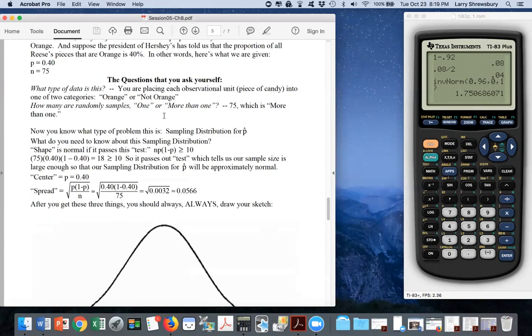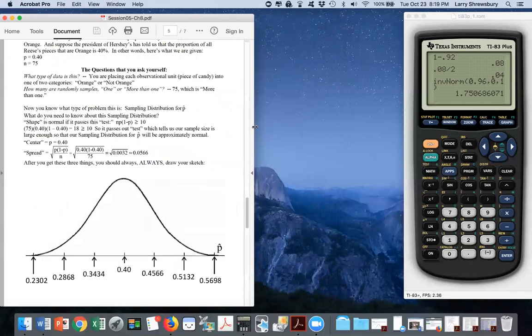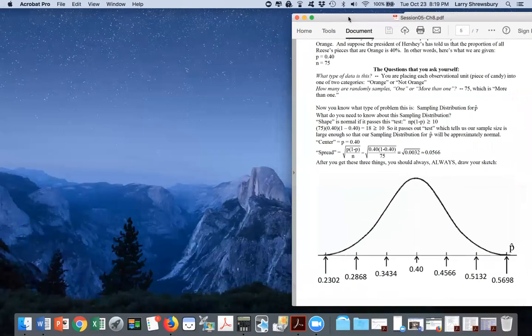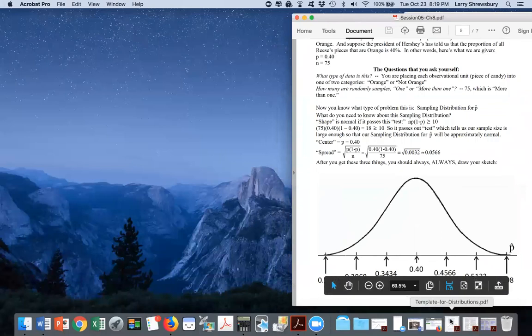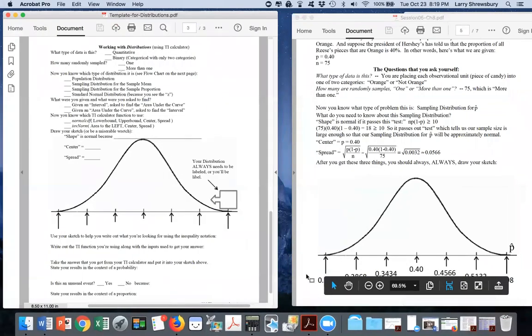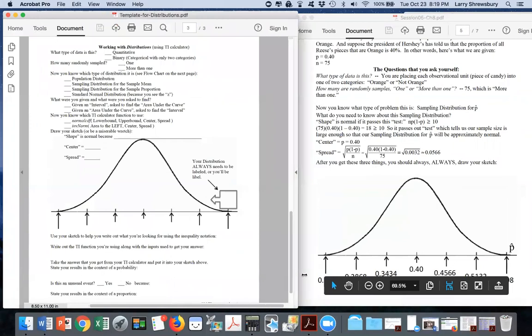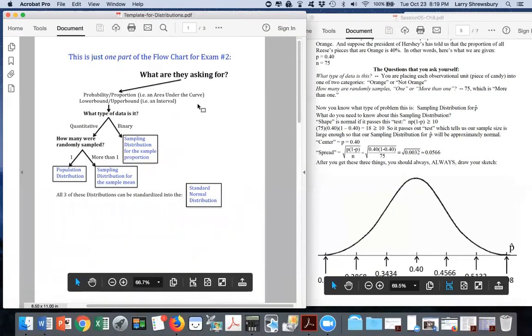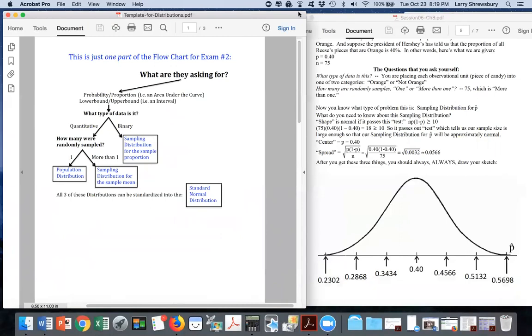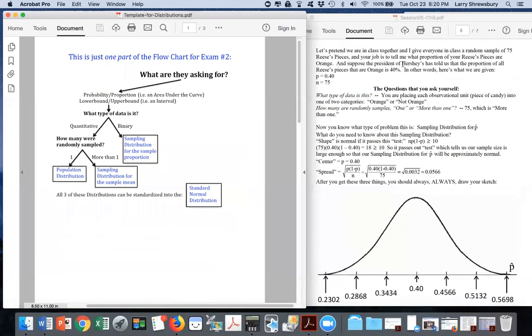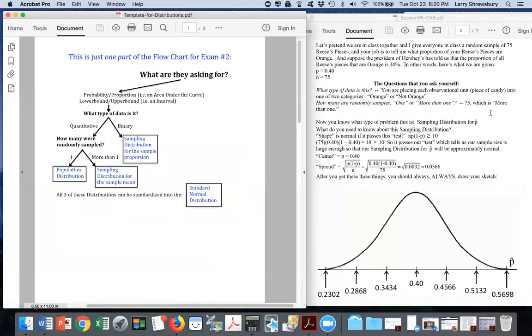So let's just move this over here. Why don't we use our little template on this? We'll scoot this over and then get our template, because if we ever need a template, it would be with a problem like this. So what we're looking at: we went to class and the teacher was handing out Reese's Pieces.